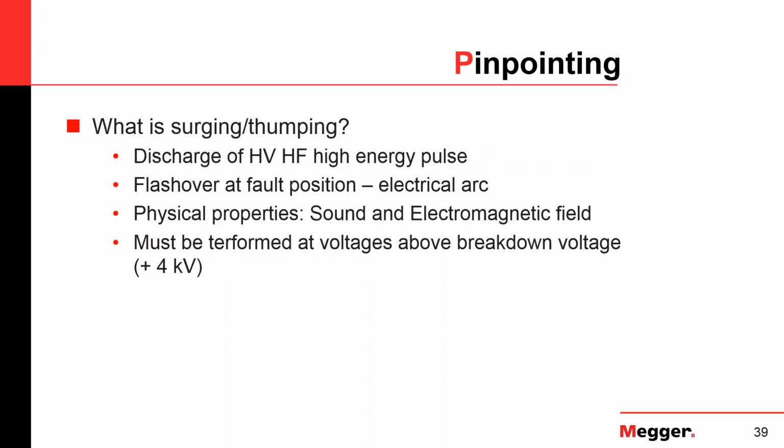Just if somebody is not familiar with thumping, what is thumping? You have a high voltage source, a surge generator or thumper. You charge up a capacitor in that high voltage source, and you discharge it abruptly by closing a switch into the cable. This is a very high voltage, high frequency, high energy pulse, and that travels down the cable. In this case, it is not filtered as before.